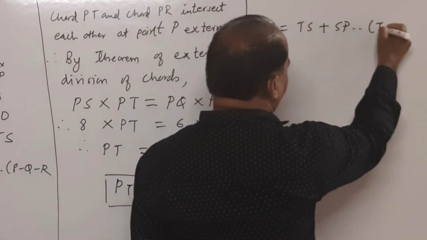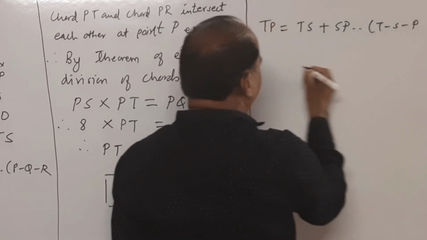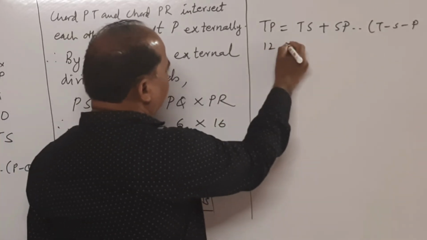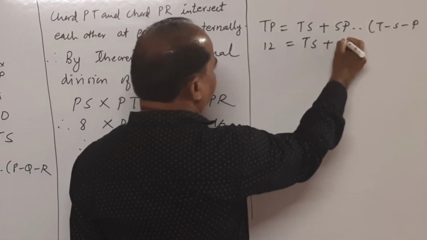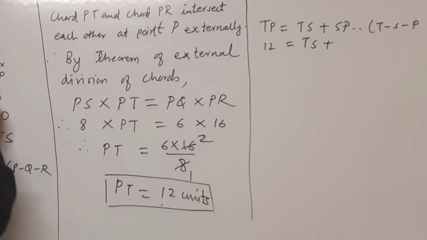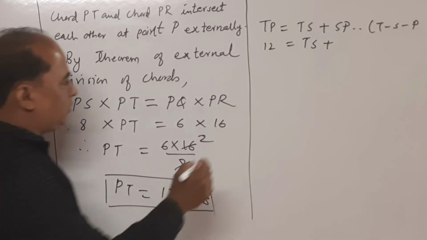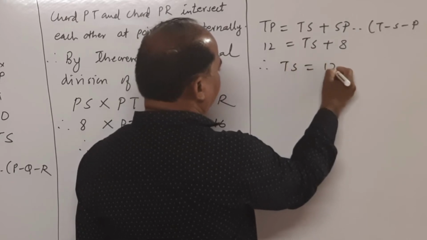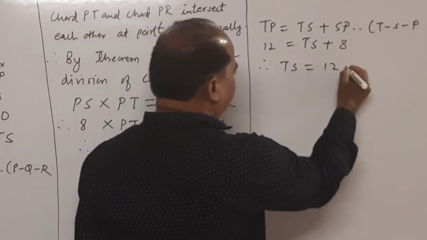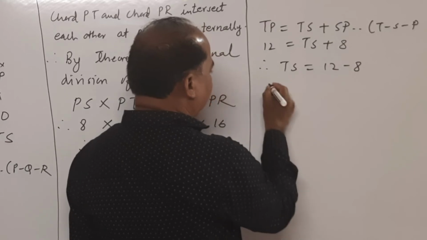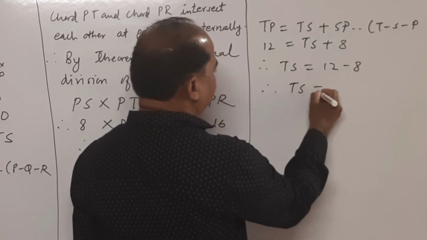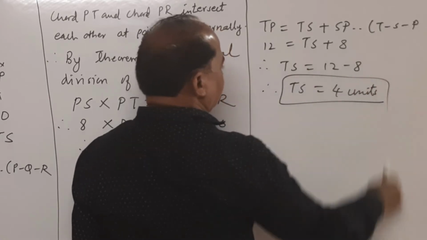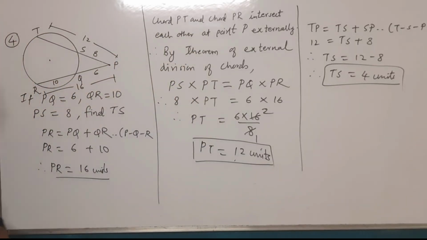So TP, that is PT, we got as 12. 12 is equal to TS, which we have to find, plus SP, which is given as 8. Therefore TS is equal to 12 minus 8, as 8 gets subtracted. Therefore TS is equal to 4 units.